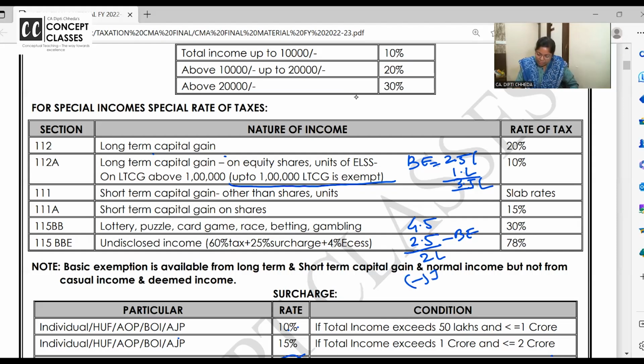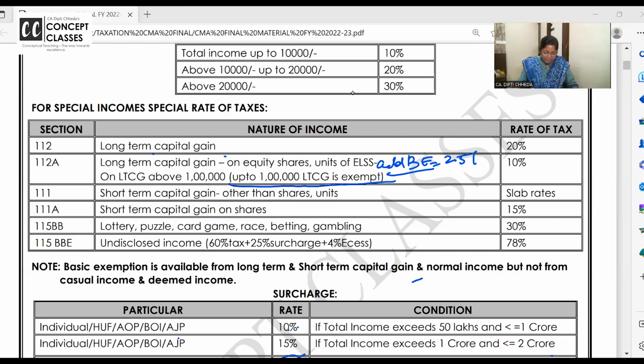In that, up to 1 lakh more is the additional basic exemption. I want all of you to write here: additional basic exemption above 2.5 lakh. Tell me all, is my example clear or not? Message me in the chat box.